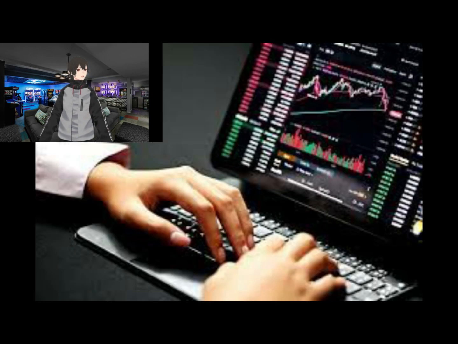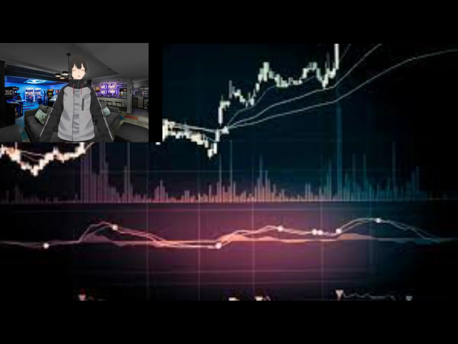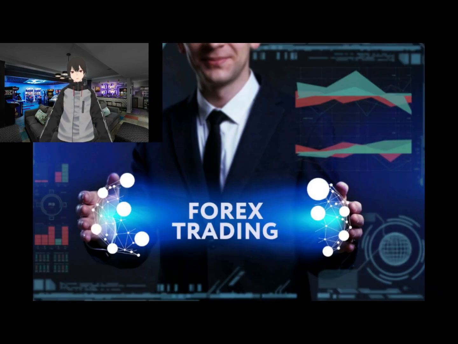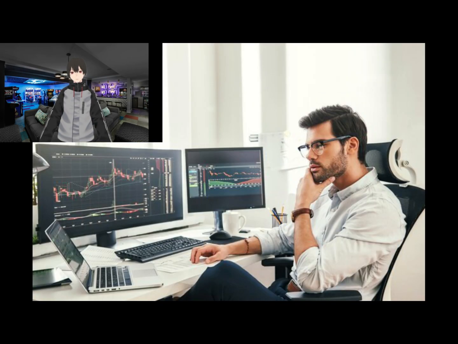Finally, traders should be aware of the market conditions and adjust their strategy accordingly. This can include switching to a different currency pair or adjusting trading times.